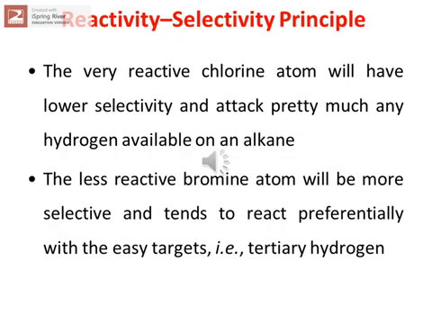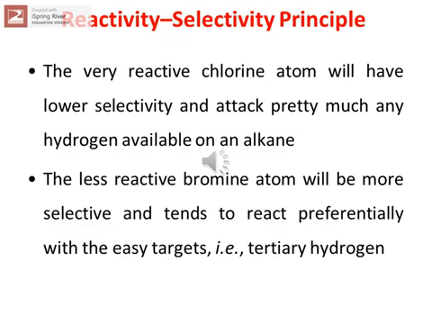One very important question arises: what is the relationship between reactivity and selectivity? As we know, if we compare the reactivity of chlorine and bromine free radicals, chlorine free radicals are much more reactive than bromine free radicals. The reason is that chlorine radicals can easily be formed and generated, and have a weaker bond than the bromine bond.